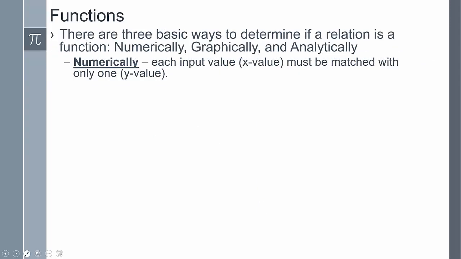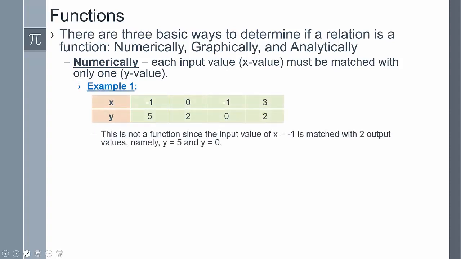So let's look at a few functions, and we're going to look at them graphically and analytically here. So the question is, in this example, is this going to be a function? Like I said in the definition, for the x value, there can only be one y value.